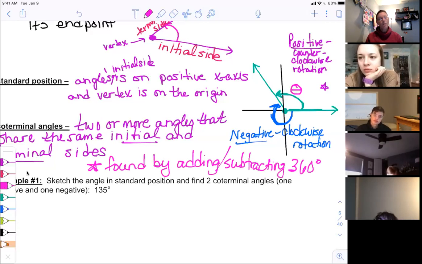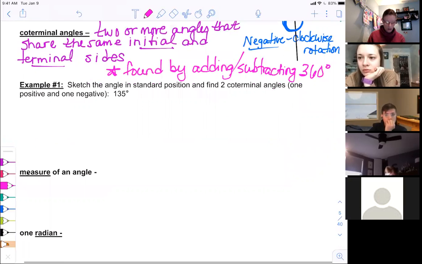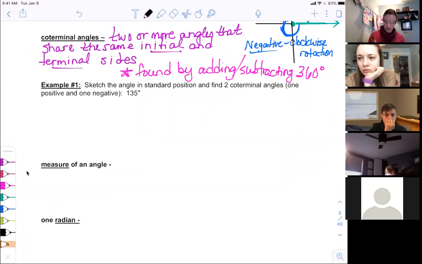So we're going to see if we can find a coterminal angle. We're also going to try and sketch an angle in degrees. So that's our first example we're looking at. So it says sketch the angle in standard position and find two coterminal angles, one positive and one negative. And the angle we're working with is 135 degrees. So draw yourself an axis coordinate grid here.